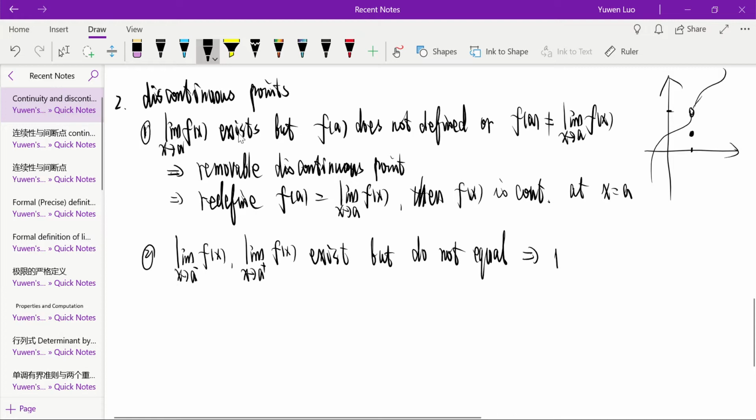It's called a jump or step discontinuous point. Because from the graph it lacks this.